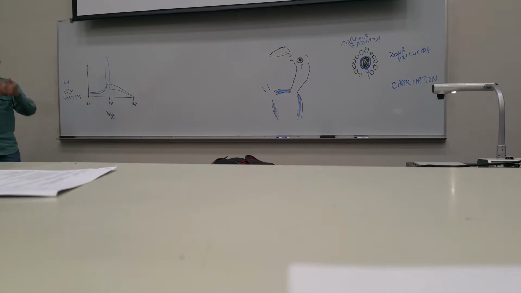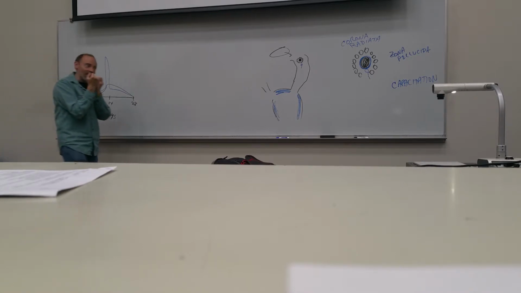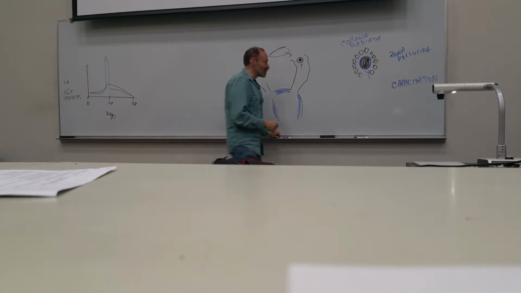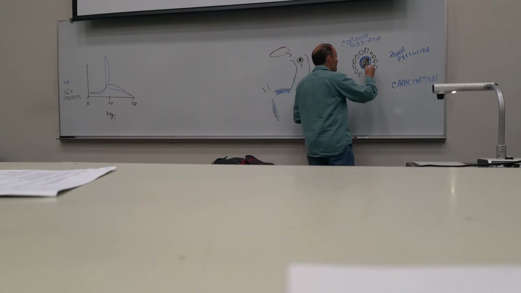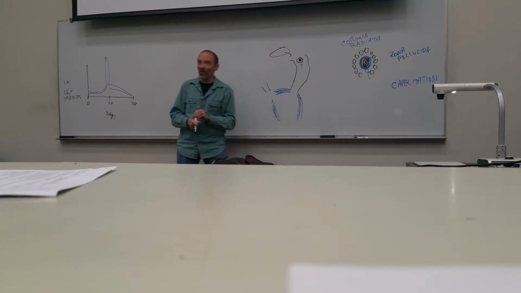You don't want to just be running into a wall and saying, okay, here I am. So there's got to be interaction. So guess what you have? You have receptors. There are receptors on the sperm cell's membrane for zona pellucida proteins.